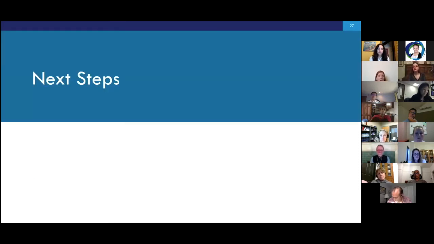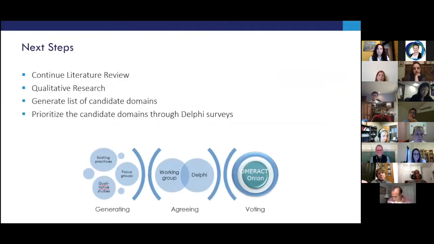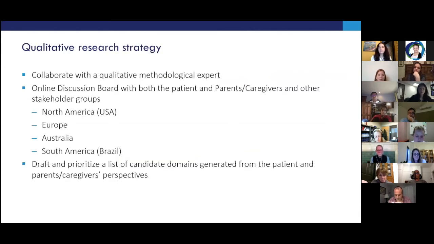So our working group's next steps: we're going to continue our literature review, and we will also begin to work on the qualitative research part of the process, before we can generate our list of candidate domains and then prioritize them. We have a plan for our qualitative research strategy.